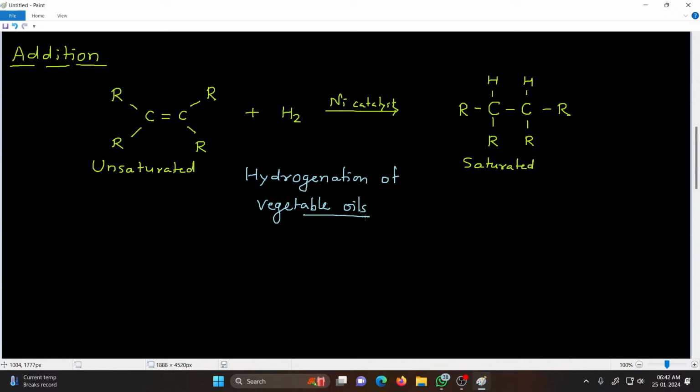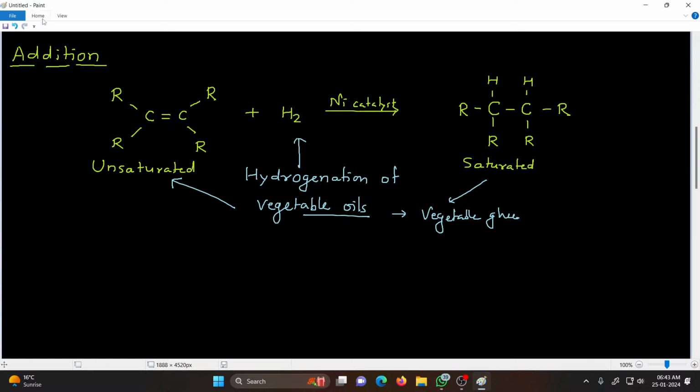Obviously, vegetable oils are unsaturated compounds, and when they undergo hydrogenation, they give you saturated compounds, and that is vegetable ghee, as we call it. So this reaction is addition reaction.